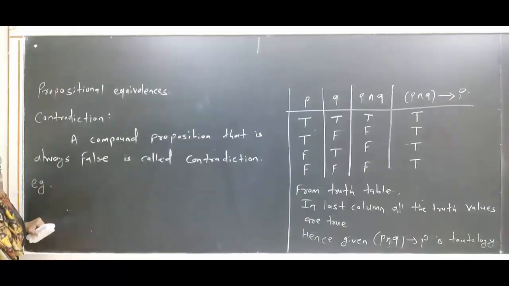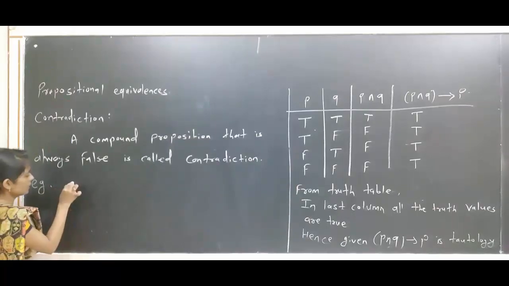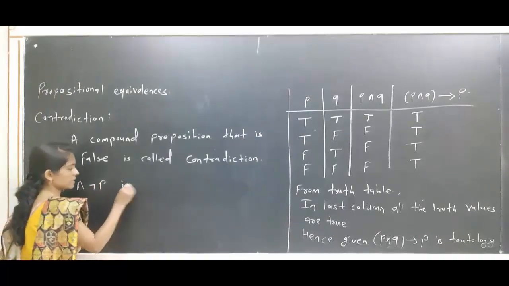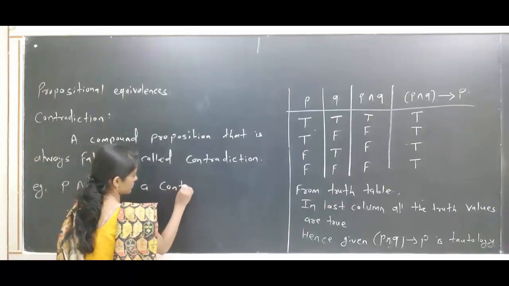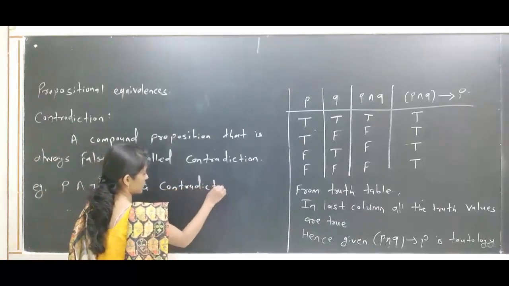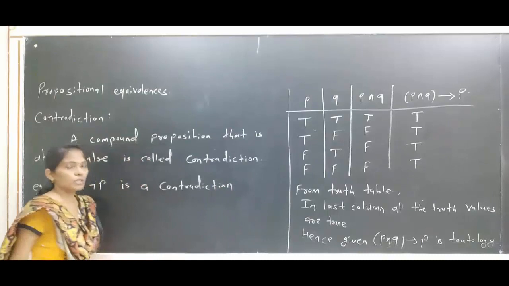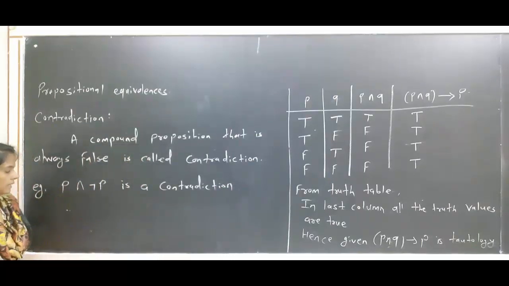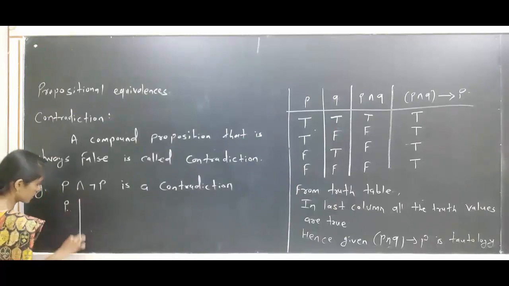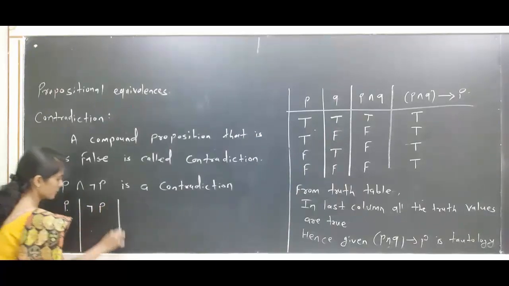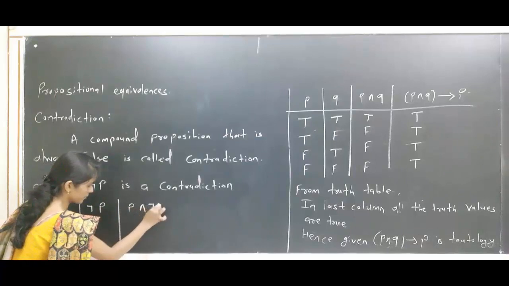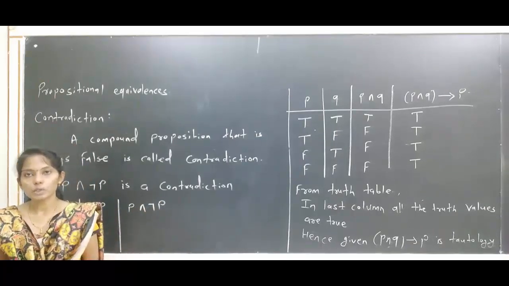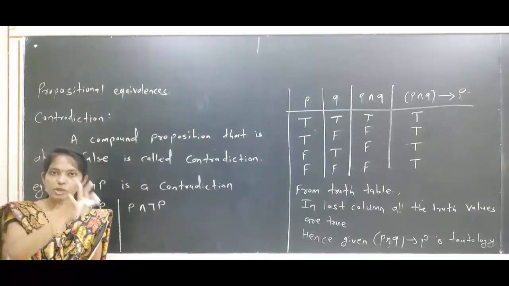Here we consider the example P and negation P is a contradiction. So we construct the truth table here. Negation means if the value of the proposition is true, then its negation is false.